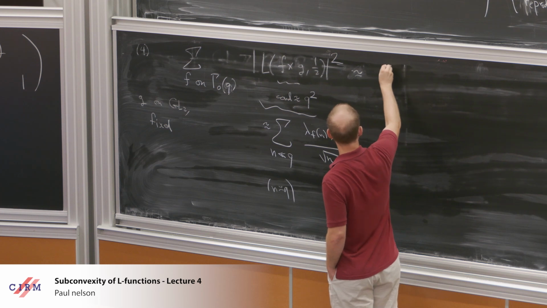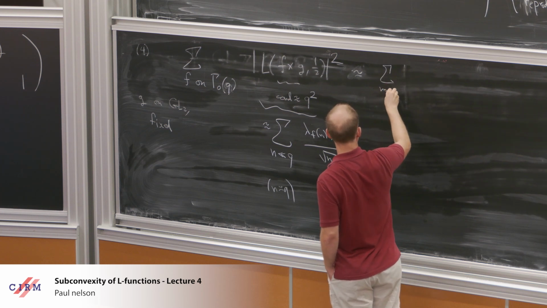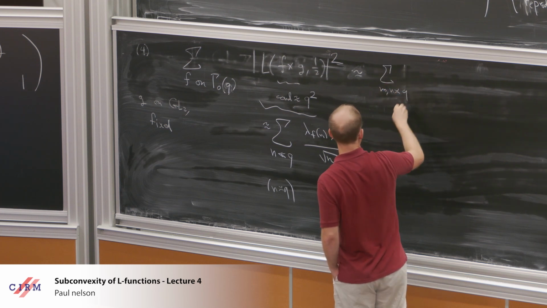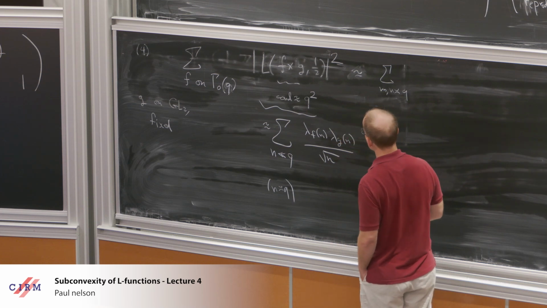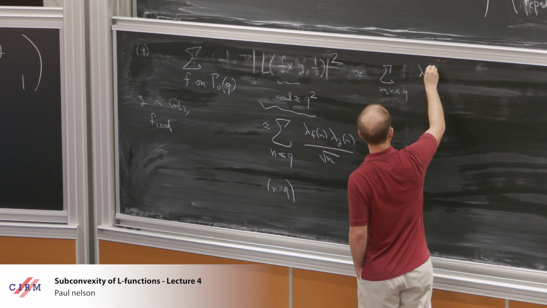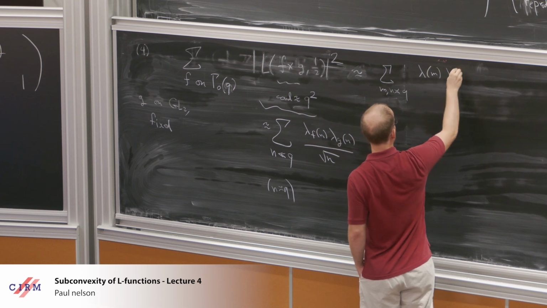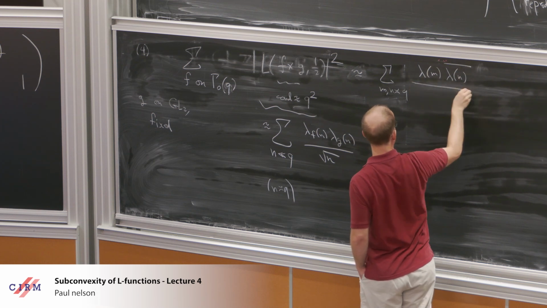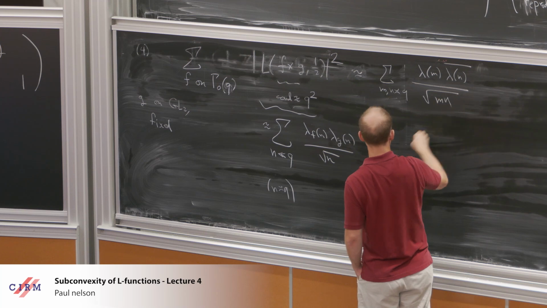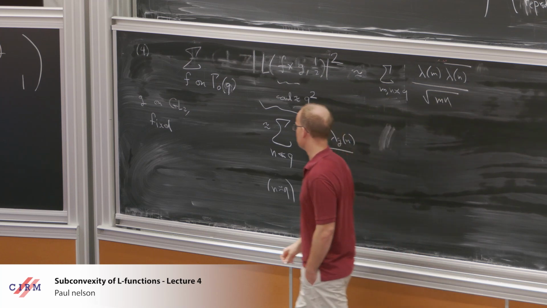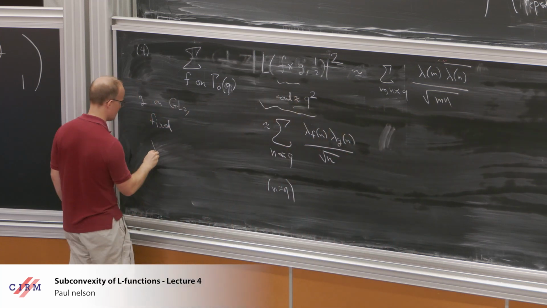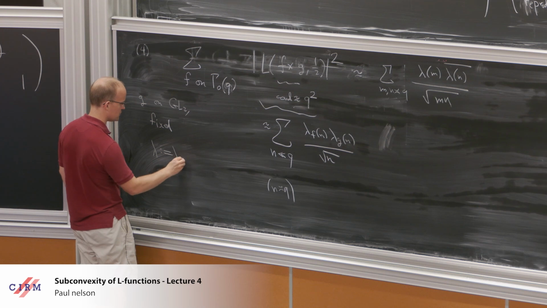Then you're faced with a sum over, let's say, m and n of size q of lambda of n bar divided by root mn. Let's just write lambda as short for lambda g, because that's the one that'll actually persist.